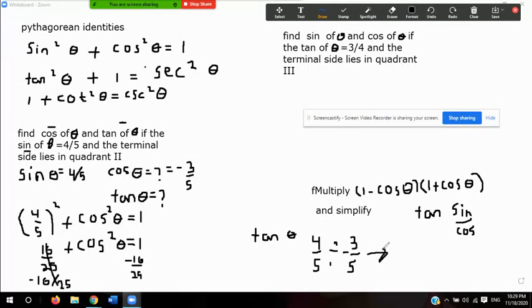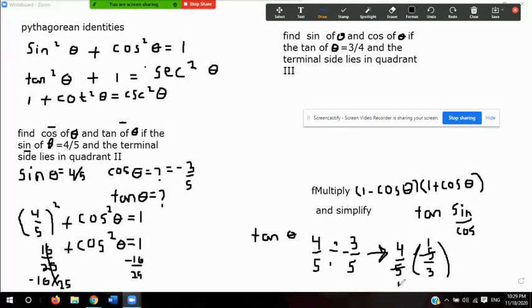So this is going to be 4/5 times the reciprocal of -3/5, which is -5/3. Because I'm multiplying fractions, I can use cross cancellation, which means the 5 cancels out, and this is going to be a 1, and this is also going to be a 1.